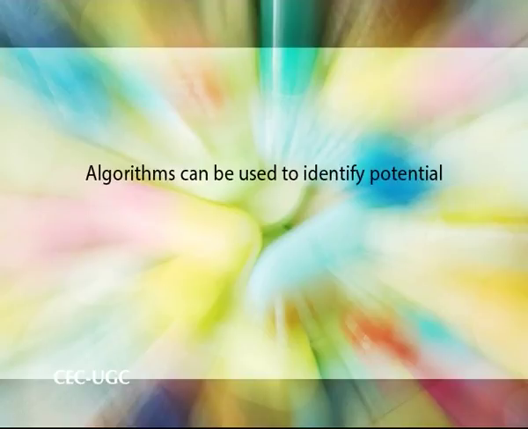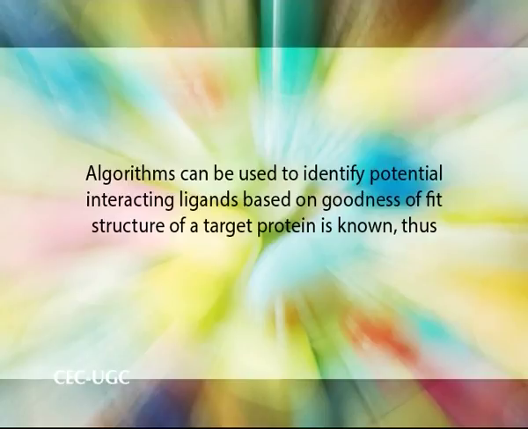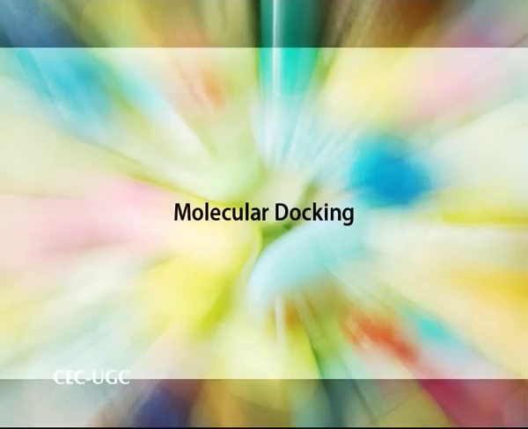Algorithms can be used to identify potential interacting ligands based on the goodness of fit when the structure of a target protein is known, thus allowing rational drug design. Nowadays, various docking algorithms have been developed which attempt to fit small molecules into the binding sites using information on constants and bond energies. Molecular docking.